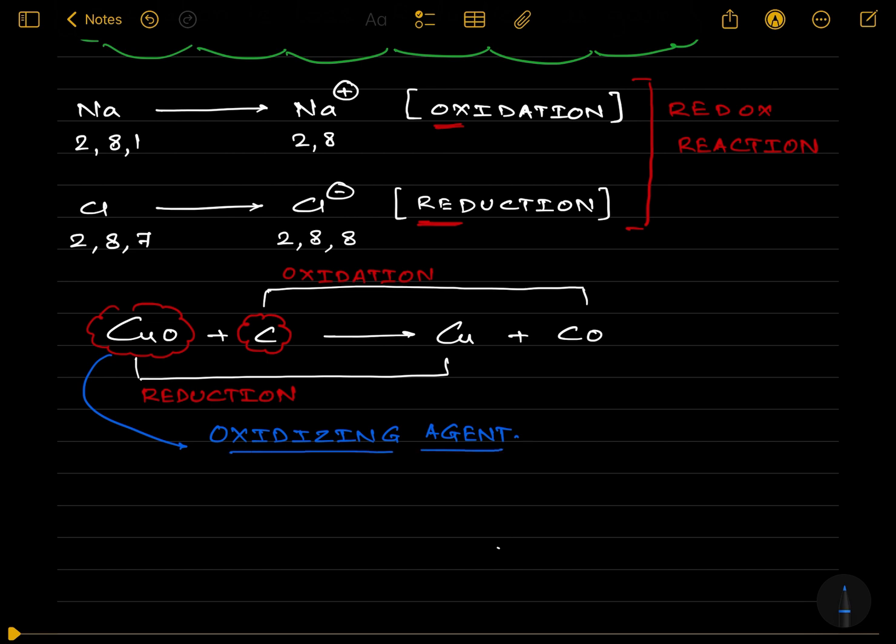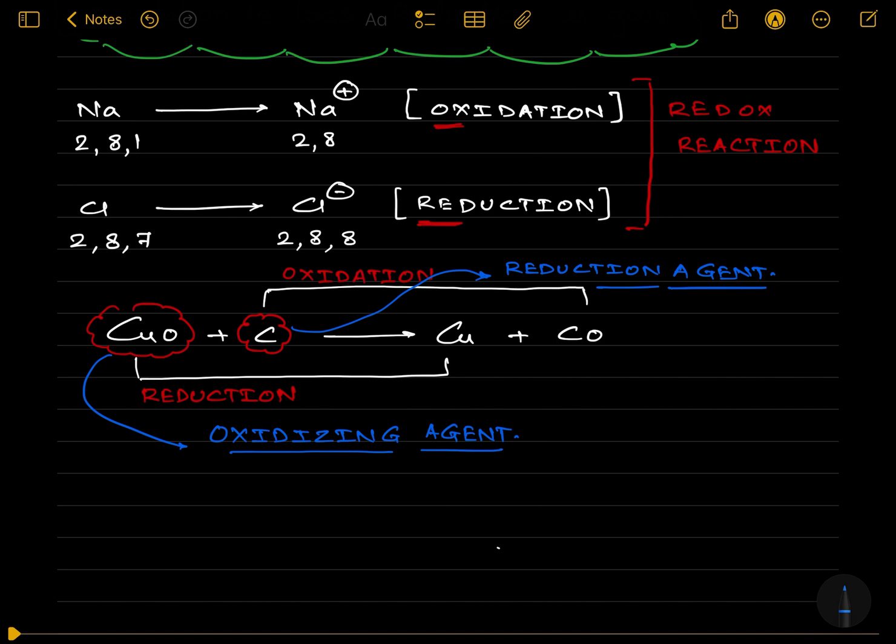Because it is making it compulsory for carbon to undergo oxidation. Similarly, carbon is undergoing oxidation and therefore it is acting like a reducing agent. Why can we say so? Why is carbon acting like a reducing agent? Because it is forcing copper oxide to undergo reduction.